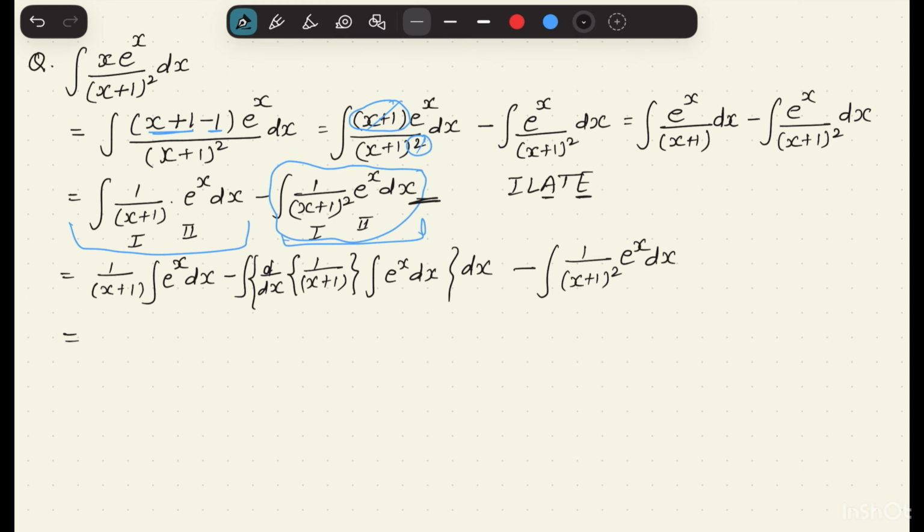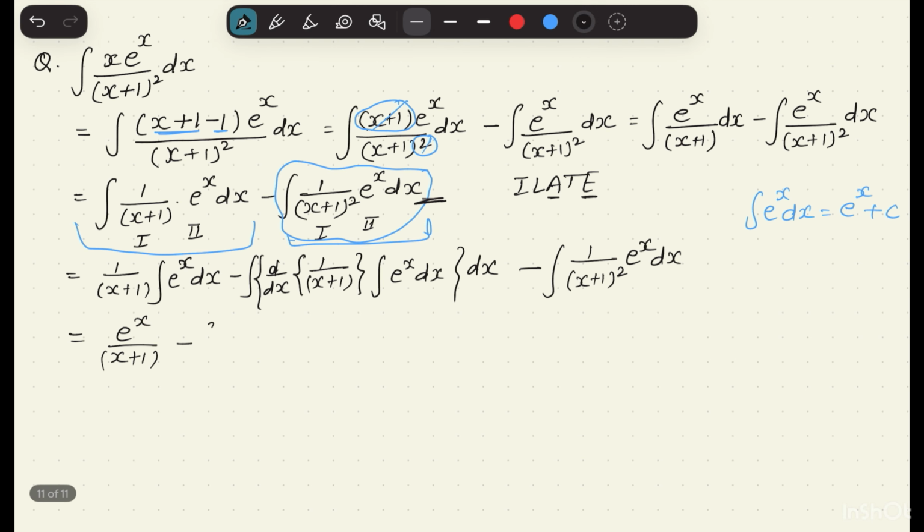Integration of e to the power x dx is e to the power x plus c. So this is e to the power x upon x plus 1 minus integration of, now differentiation of this 1 upon x plus 1 using the chain rule. This is equal to minus 1 upon x plus 1 whole square and integration of e to the power x is e to the power x dx, and second term here is 1 upon x plus 1 whole square e to the power x dx.